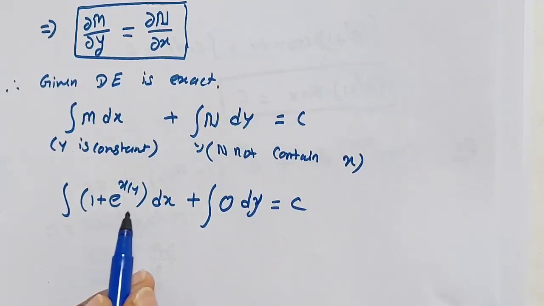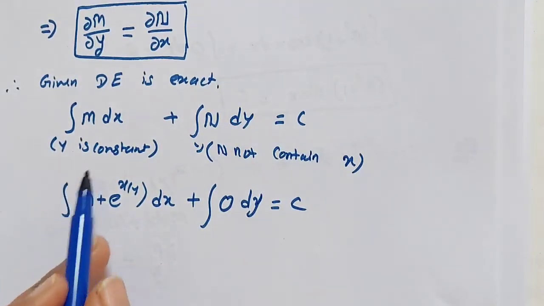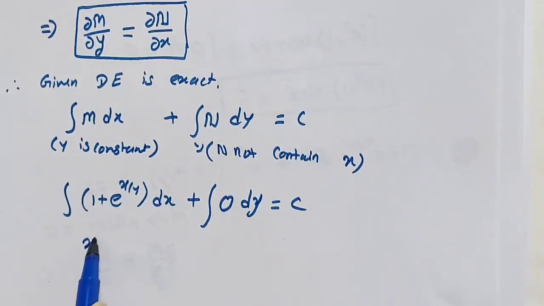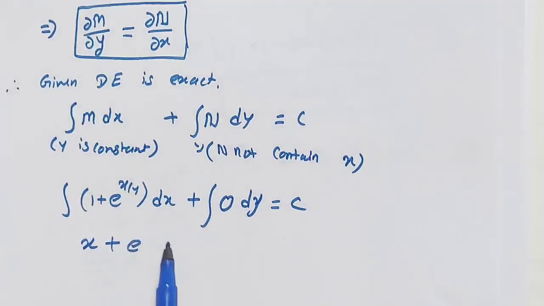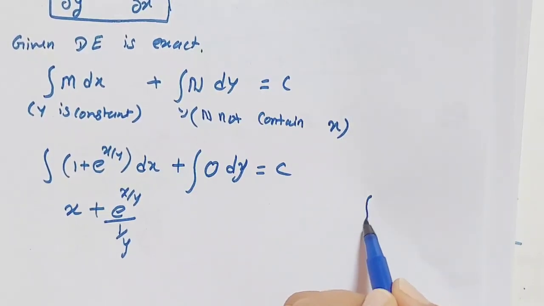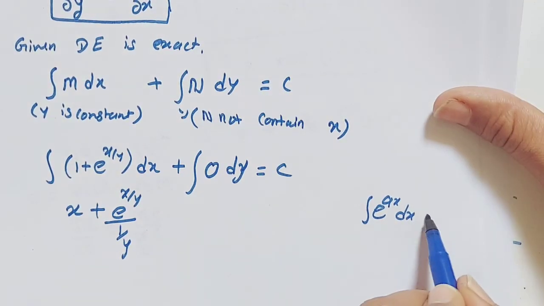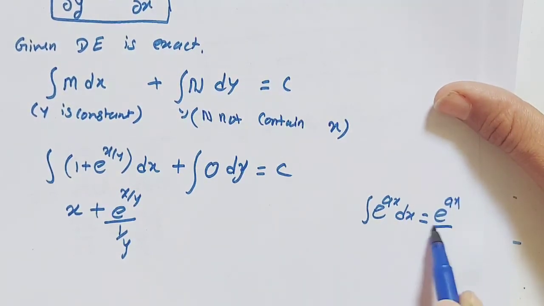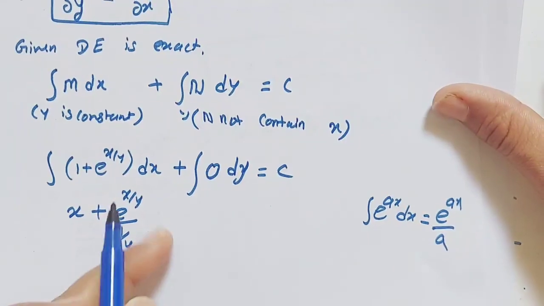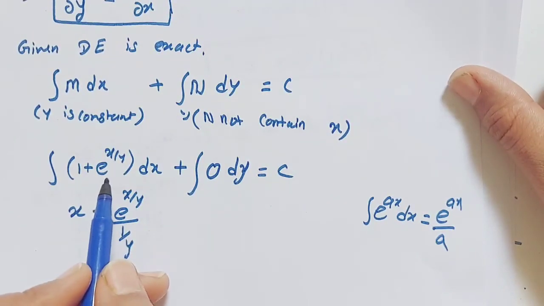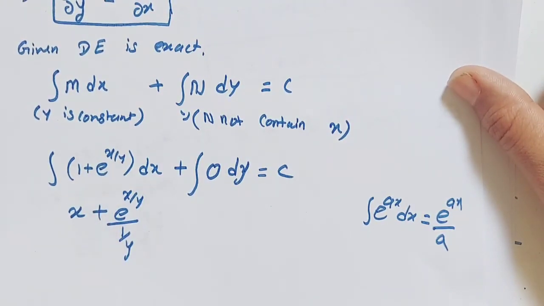Now integrate this term partially with respect to x, because y is constant. The integration of 1 is x. So the integration of the other term is e raised to the power x by y divided by 1 upon y. How is this done? It is e raised to the power ax dx. The integration of this term is e raised to the power ax divided by the constant a. We are integrating here with respect to x, which means 1 upon y is constant.